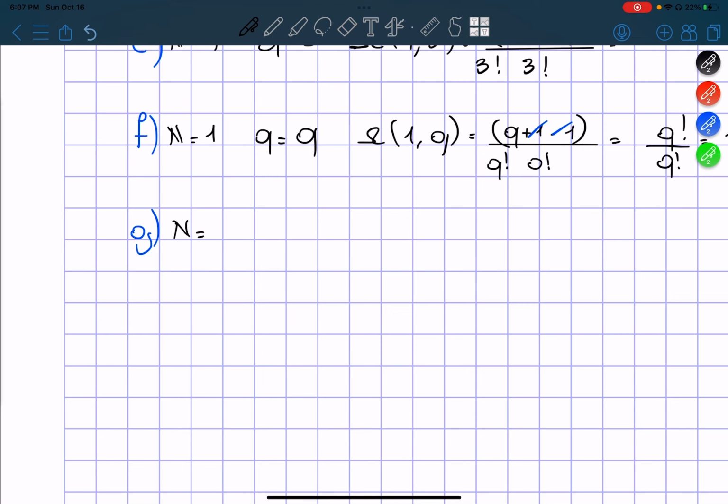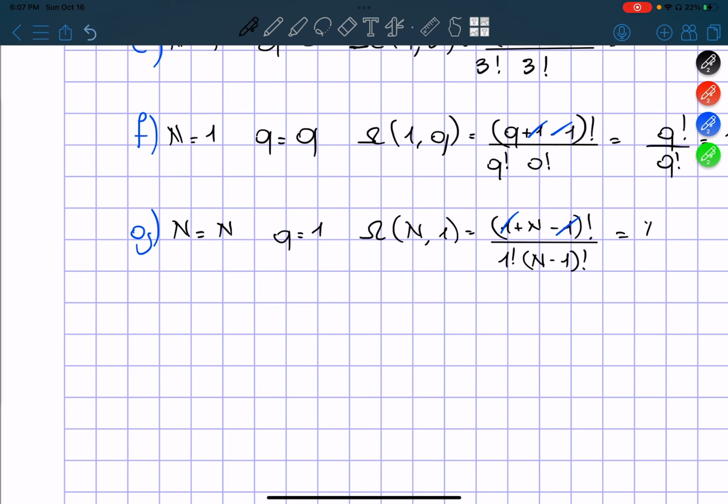Then for G, we have n equals anything, so I'm just going to say n again, and q equals 1. So same thing, n comma 1. We're going to have 1 plus n minus 1 factorial over 1 factorial, which is 1, times n minus 1 factorial. Here we can cancel these two.